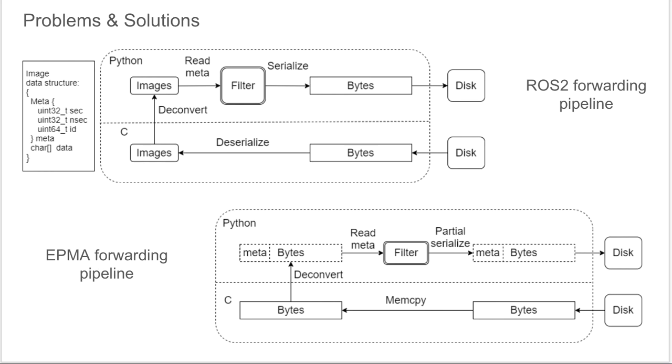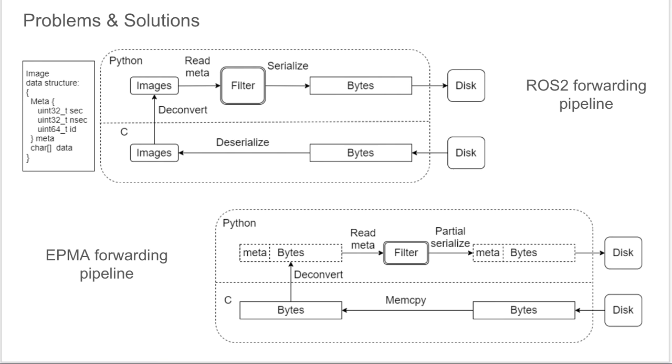For the filter step, it only accesses the meta part, and after filtering, we only need to update the meta part of the messages, and then we transfer the messages to other disks and other devices. And by using the EPMA method, we only need to access the meta part of the messages.